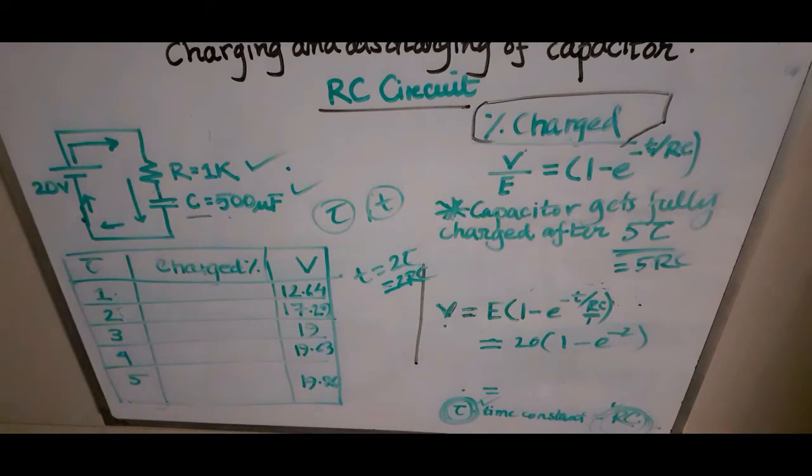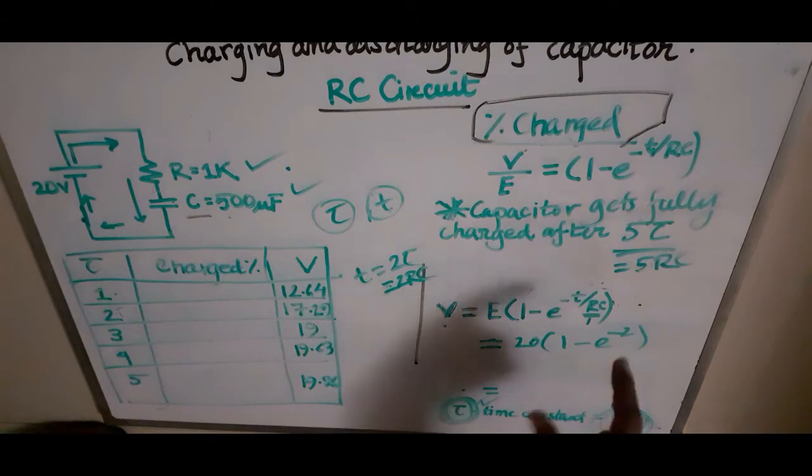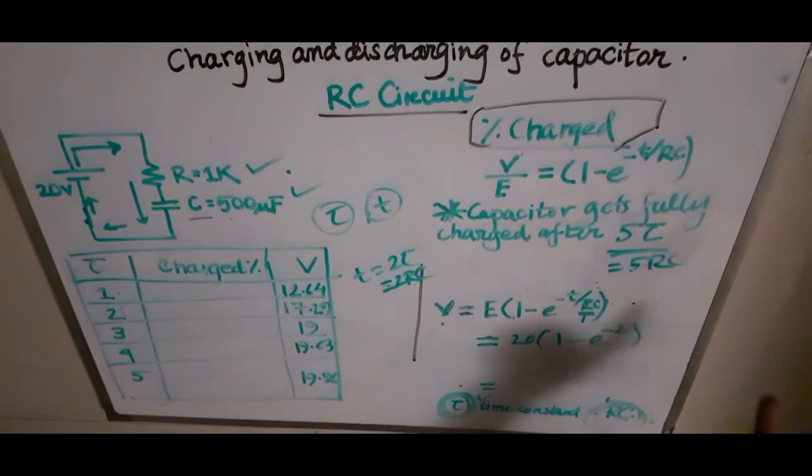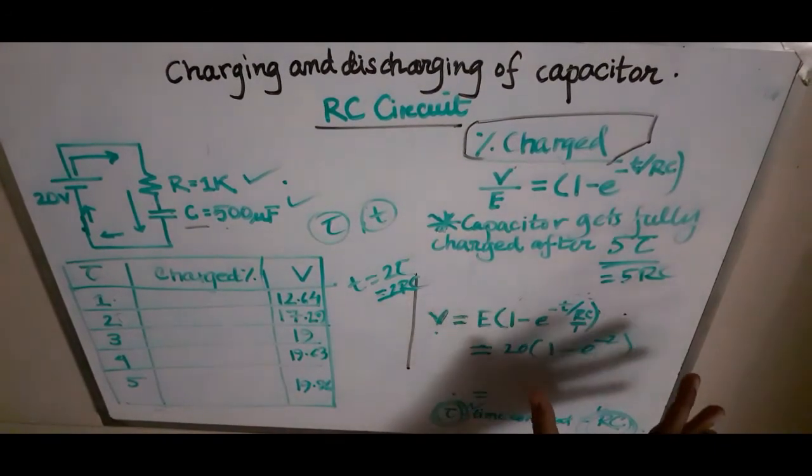So can we assume something from this? Is there anything that we can conclude? The thumb rule that I told you here is actually applicable. I told you that a capacitor usually gets fully charged after 5 time constant.